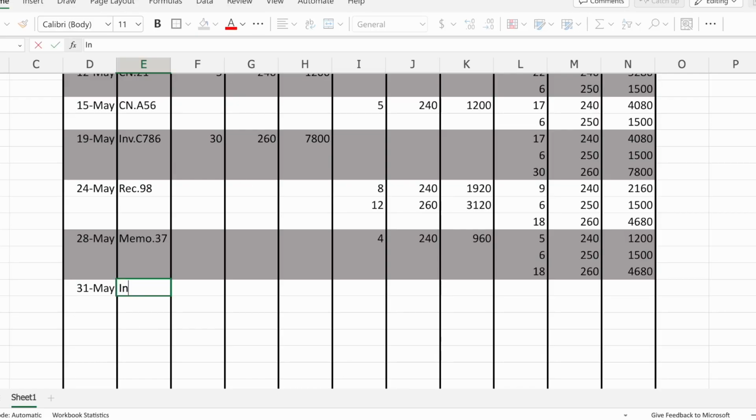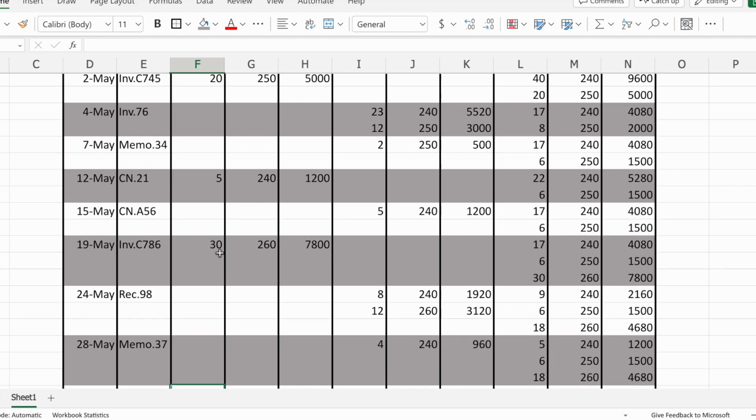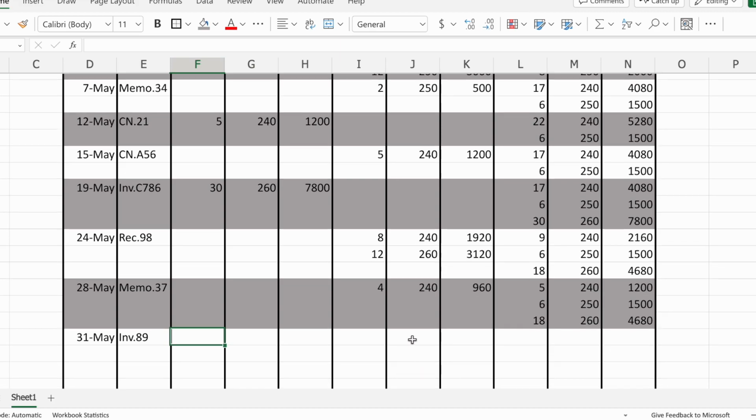They said sold 15 cabinets, so that means it's going out of the business. All these cabinets were from the 19th of May, which is worth 260. So you know that the cost price is 260 per unit.